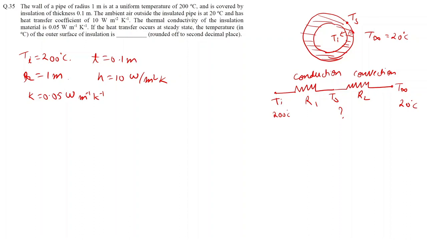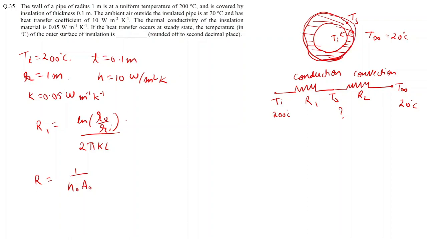Now for the cylindrical system, the resistance we know as ln of Ro upon Ri, upon 2 pi K L. Similarly, for convection, we know that the resistance is written as 1 upon ho times area, Ao, where Ao is the external area, so basically the area of this surface.